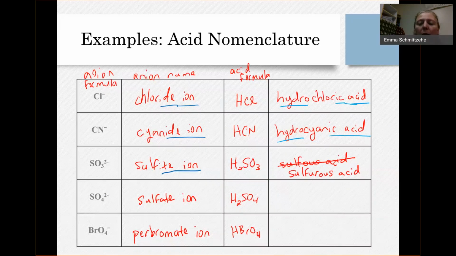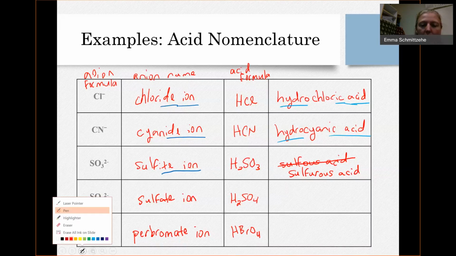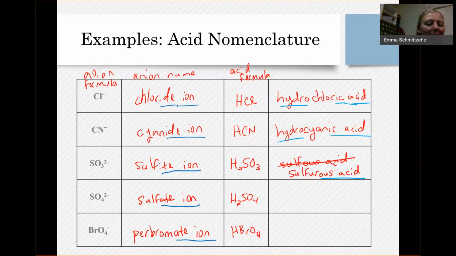And then we can do the same type of thing. And so again, the "-ite" goes to "-ous" acid. Then the next ones have "-ate" ion at the end, right? And the "-ate" goes to "-ic" acid.